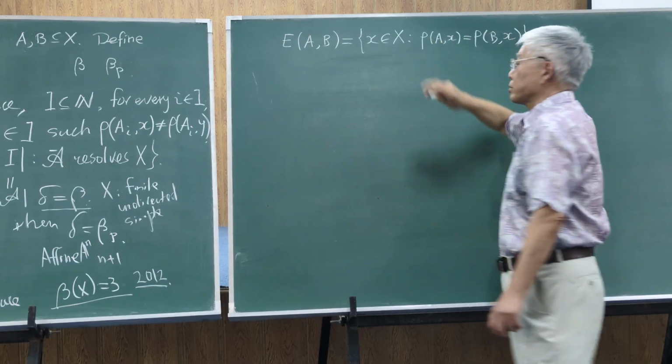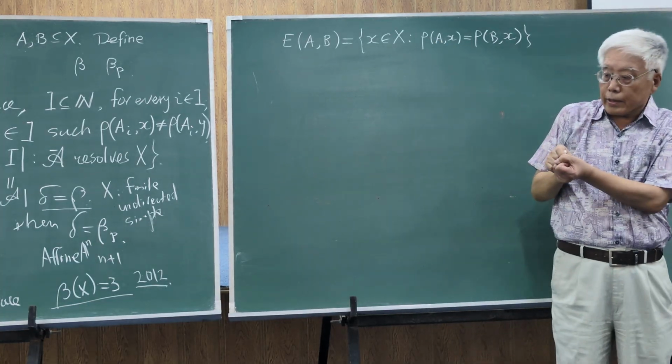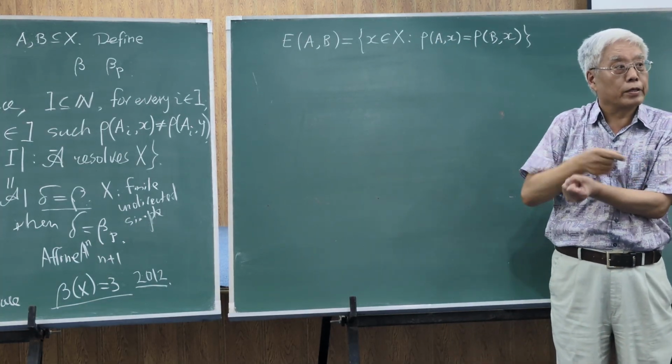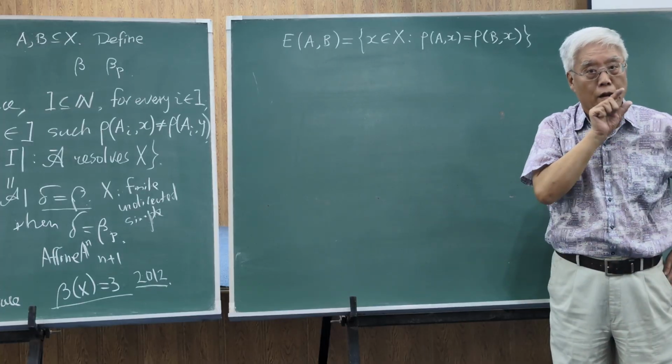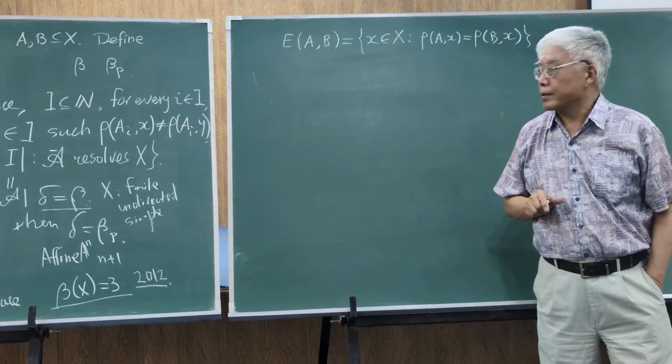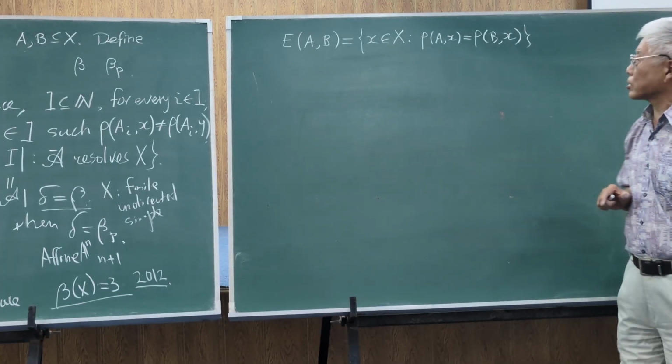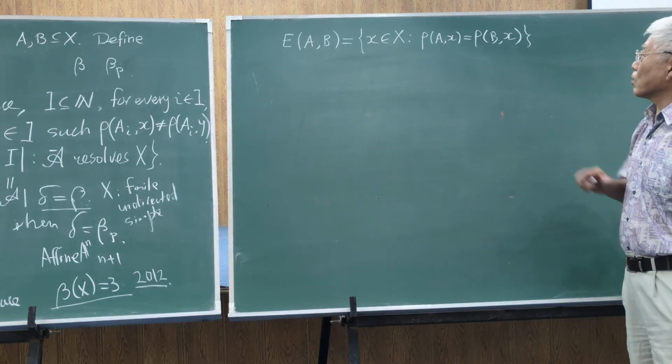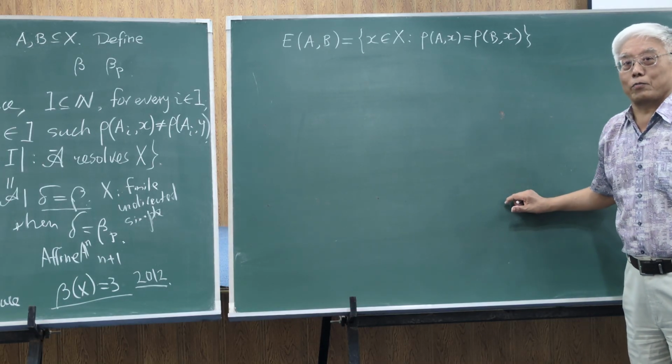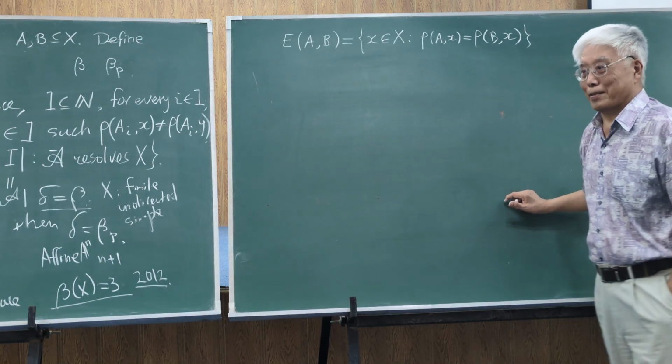We collect all points of the space which are equidistant to A and B into this set. Here, I always want to tease my young audience. What if A and B are equal? What do you get?